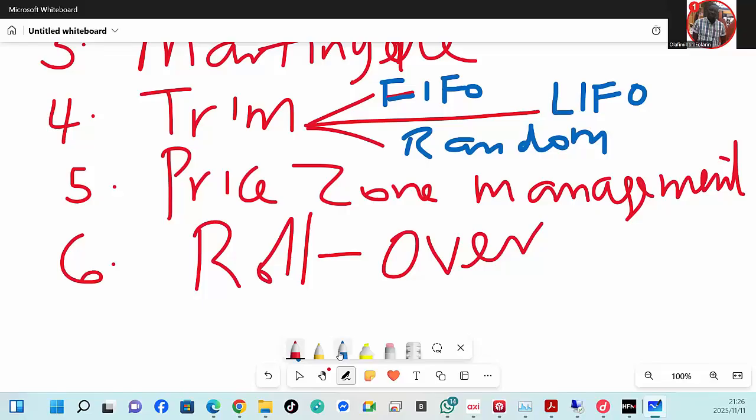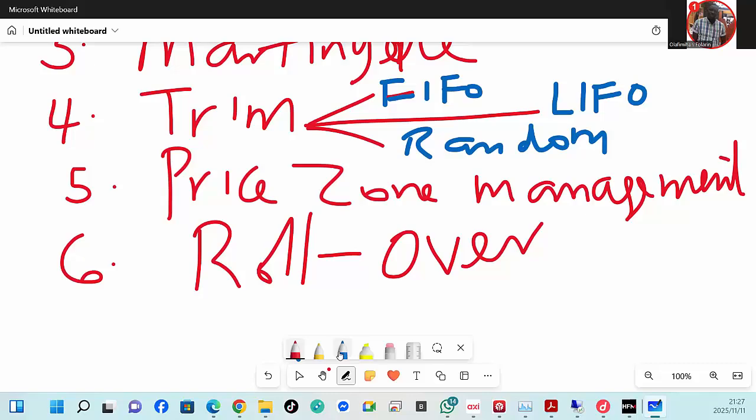Please, guys, if you can focus on these six things, you will hardly blow your account again. I mean it, you will hardly blow an account ever again if you can master all these six.